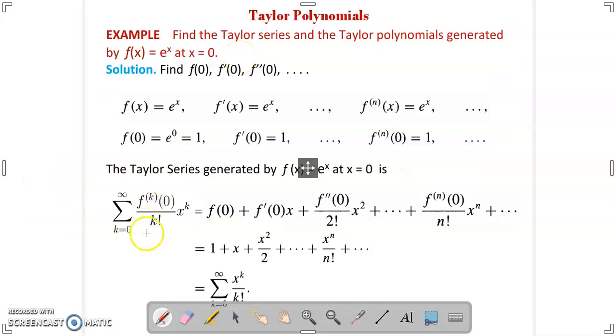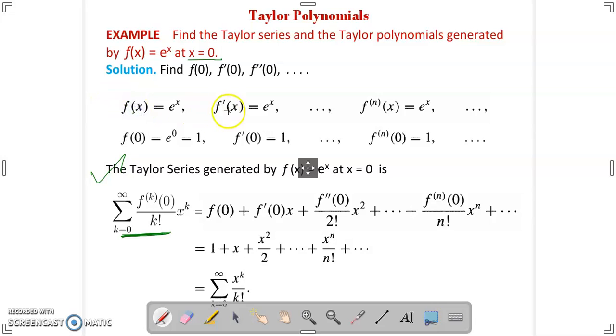Let's find the Taylor series and Taylor polynomials generated by this function at x equals 0. So what is the Taylor series? The Taylor series will be the summation, k going from 0 to infinity, of the kth derivative of f at 0 by k factorial into x to the power k. So you need to find the value of f at 0, then the first derivative at 0, all these values.